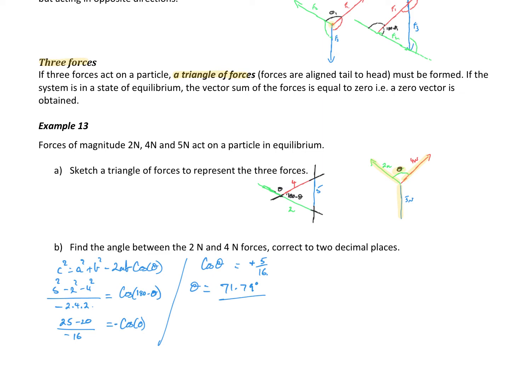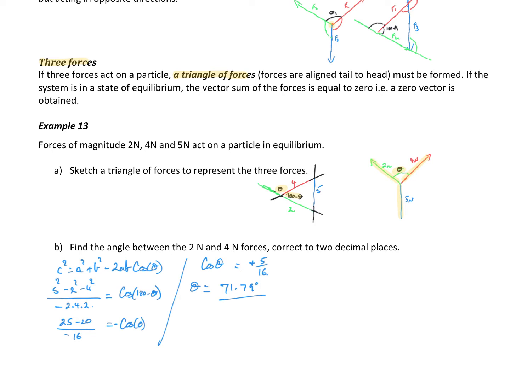If we go to the triangle that we create, that angle between the green and the red force, theta there, means inside the triangle is the angle of 180 minus theta. Once we've got three sides and an internal angle, we've got a cosine rule.